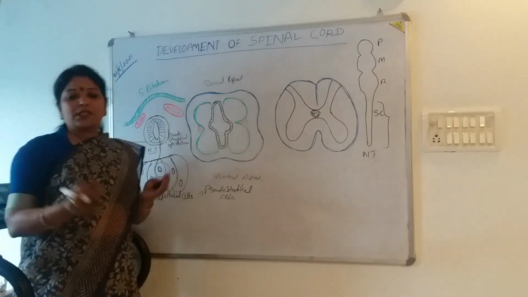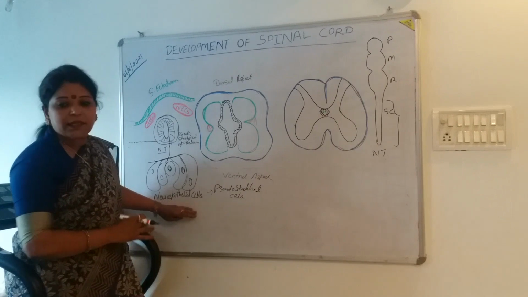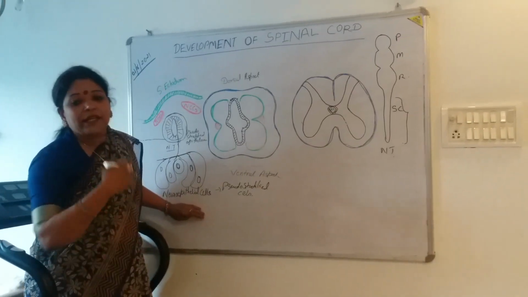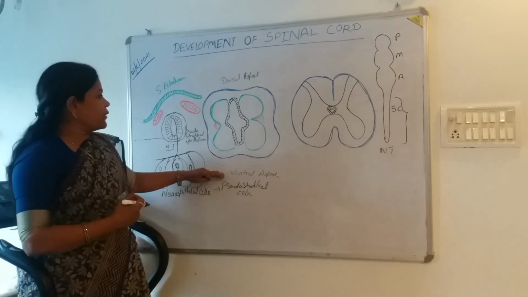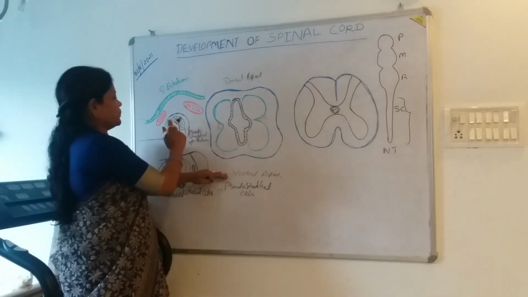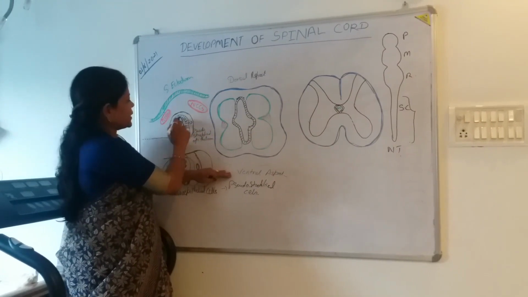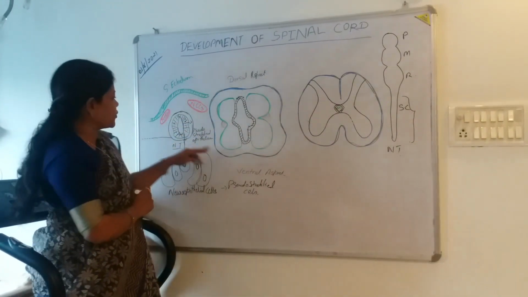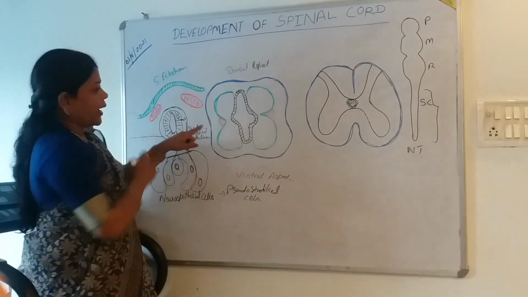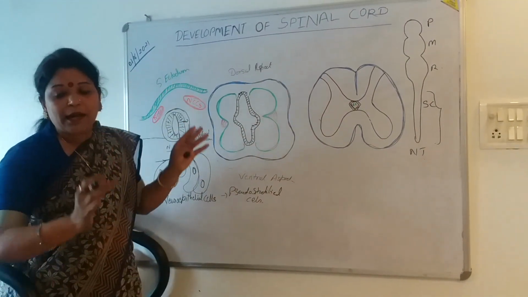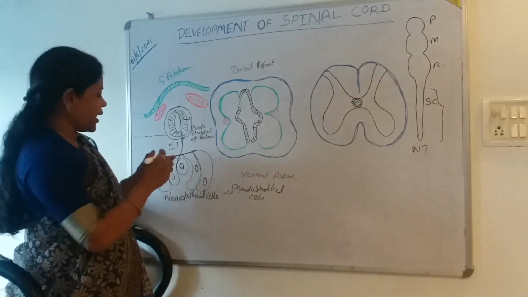Just after the closure of the neural tube, these neuroepithelial cells will rapidly divide by the process of mitosis and migrate towards the lateral aspect. These neuroepithelial cells migrate profusely and form a layer around themselves, isn't it?